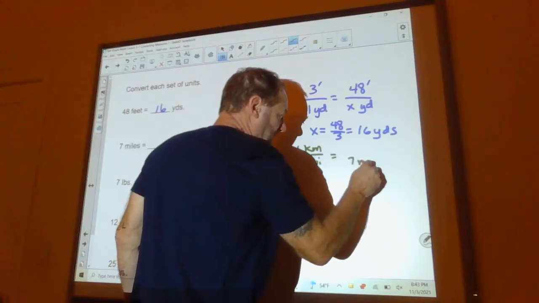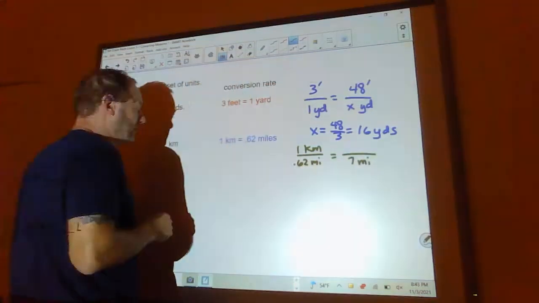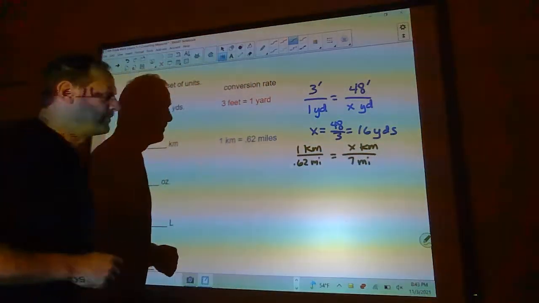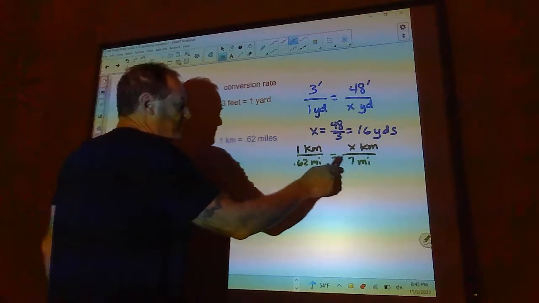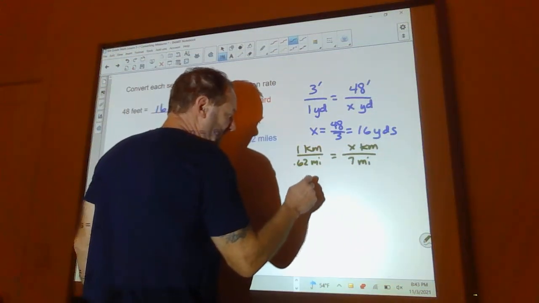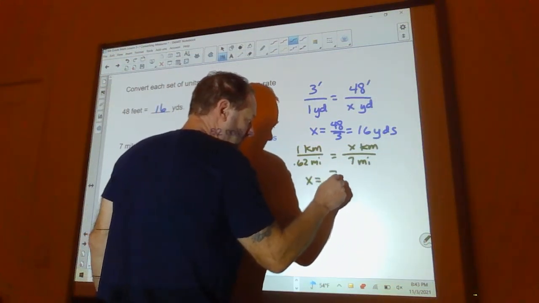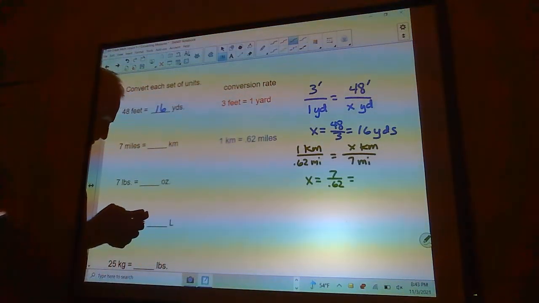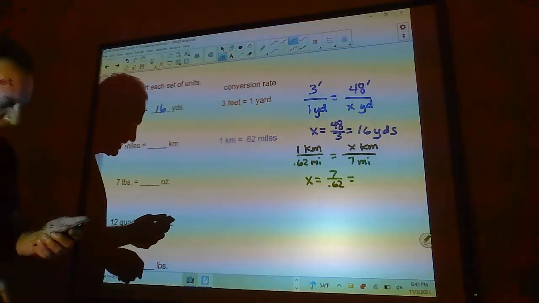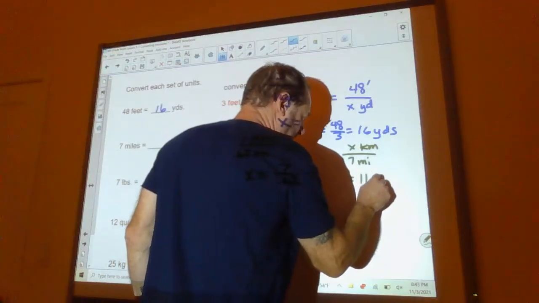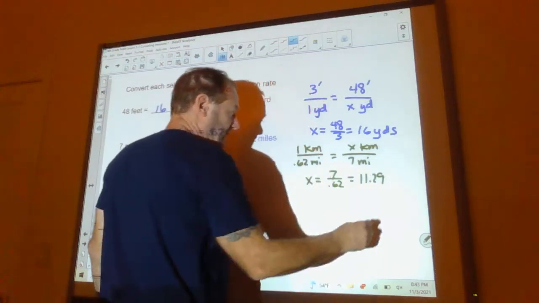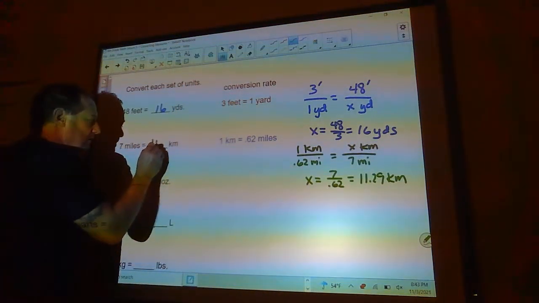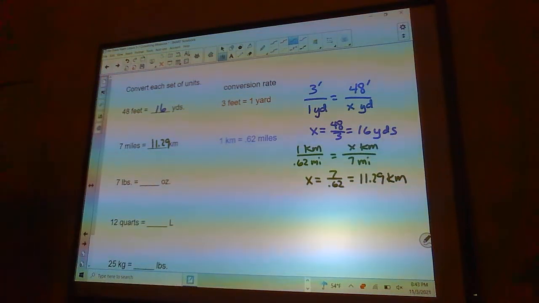That's got to go on the bottom because it's miles, and miles on the bottom over here. And that's going to be x kilometers. Okay, so this is going to be 1 times 7 is 7, divided by 0.62. So 7 divided by 0.62 is going to be 11.29. And that answer is in kilometers. So I can come over here. 11.29 kilometers.